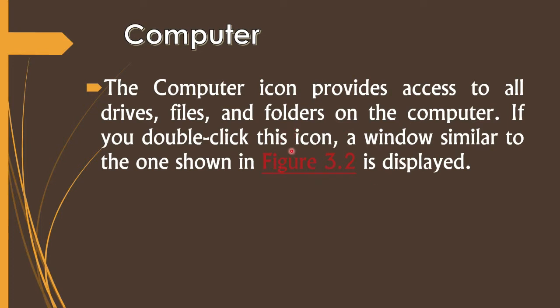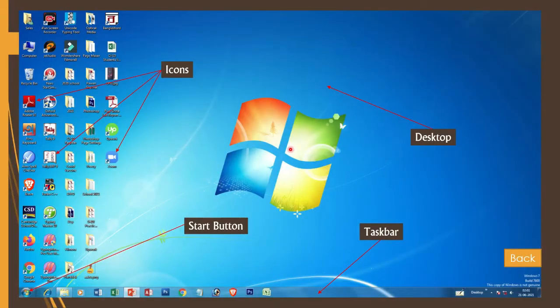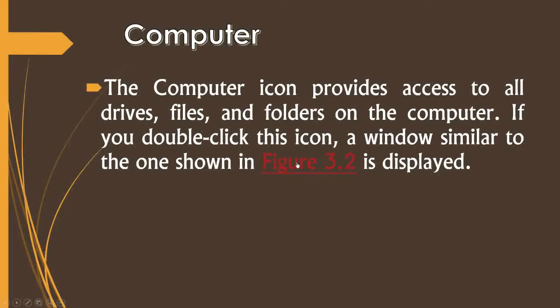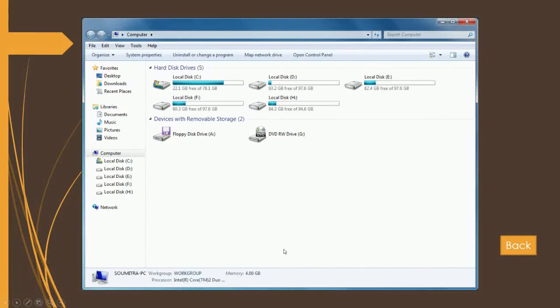I'll show you on the screen. Here, this is the icon. Okay, this is computer. When we open this icon, it will show like this. When you open that icon, it will show like this.